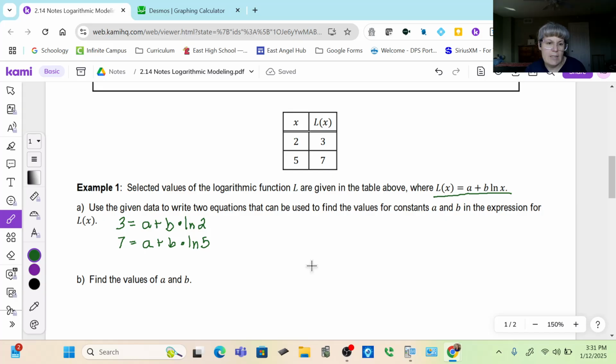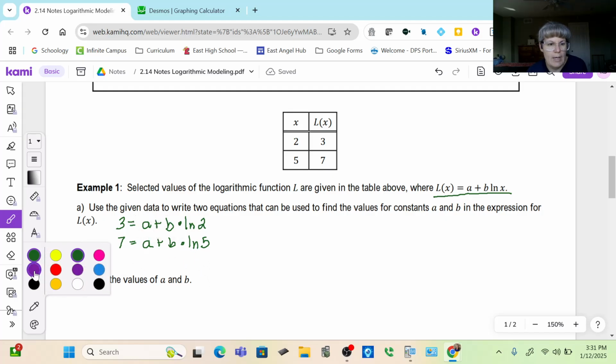For part B, we need to find the values of a and b, and I know that this is getting a bit close to the bottom of your paper, so I'm going to do some of this work up here underneath the A. What I'm going to do is solve one of these equations for a so that I can substitute it for a in the other equation.